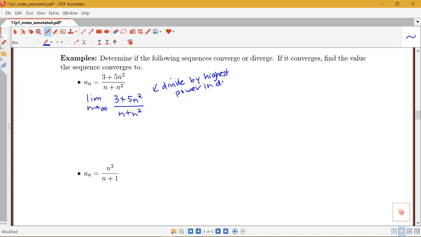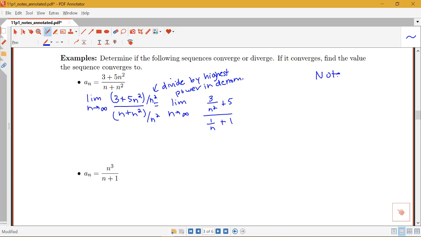So the highest power in our denominator is n squared, so we can divide each of these numerators and denominators here by n squared. So I'll have (3 plus 5n squared) divided by n squared, and (n plus n squared) divided by n squared. So this gives me (3 over n squared plus 5) all over (1 over n plus 1).